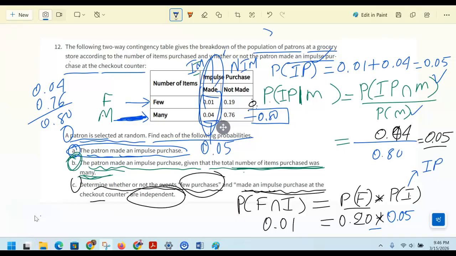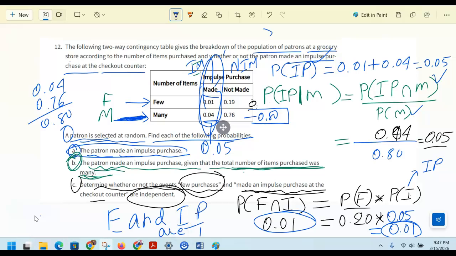Then when you multiply these two, you get 0.01. And you can see this is 0.01 and this multiplication is also the same. And that's why we can say few purchases F and impulsive purchase are both independent.